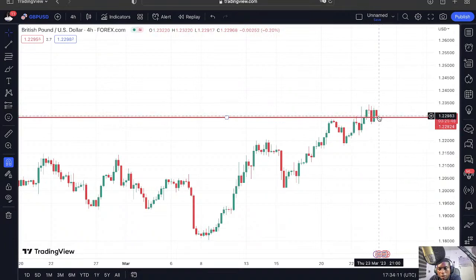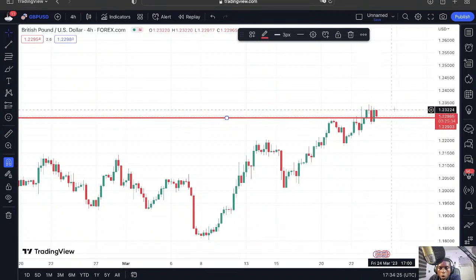You can see here now, price sticking around. So what we are seeing here is, if you look closely, we can see rejections coming in. So what we would look at after now is this level.